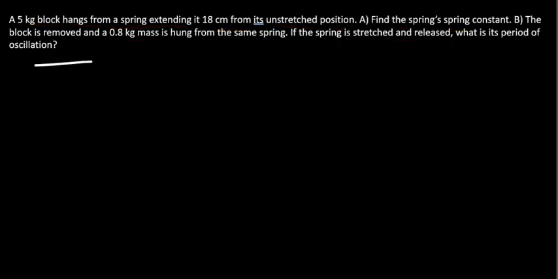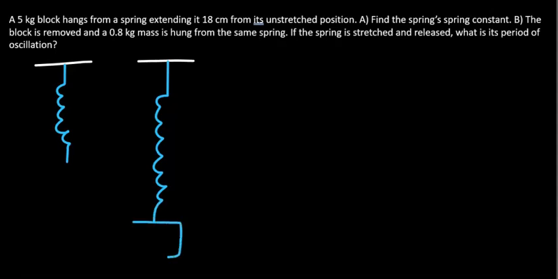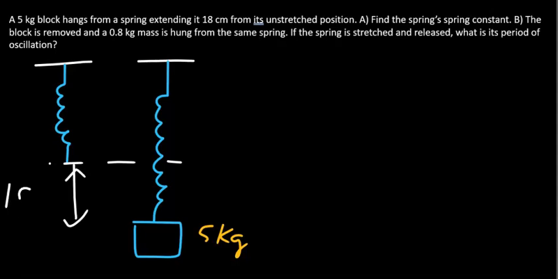First, you have an unstretched spring like that, and then you hang a 5 kg block like that, and because of that the spring is stretched by a certain amount. In this case it is 18 cm. We want to determine the spring constant of this spring. Now let's look at the second diagram. Let's analyze the free body diagram.